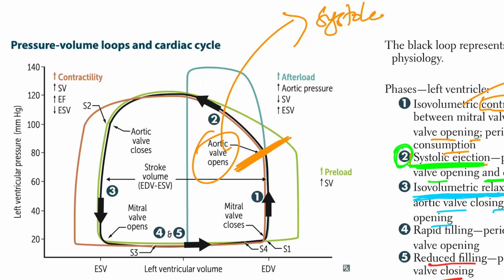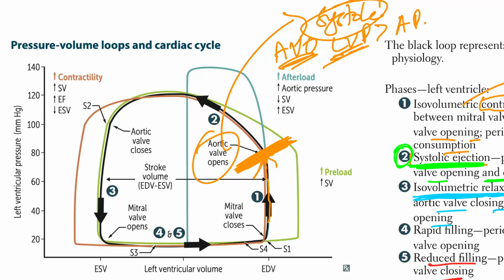So the aortic valve opens when the left ventricular pressure is greater than the aortic pressure. Pressure is increasing to a level where the ventricular pressure is more than the aortic pressure, and snap, the aortic valve opens, AVO. And it would go into systole.